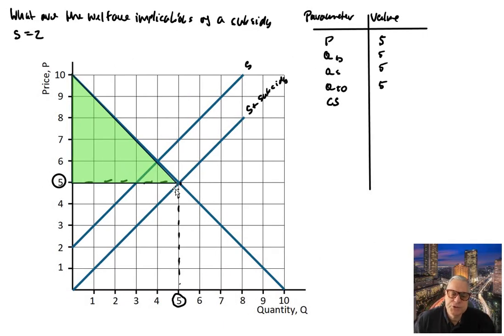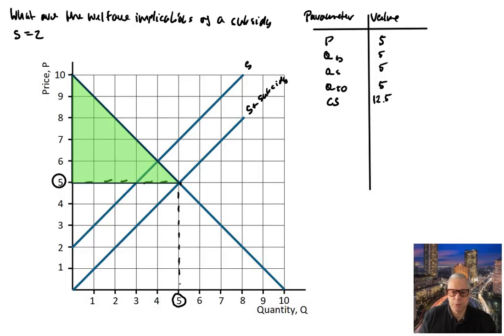And as you can see, that green area has an area of base times height over 2, so 1, 2, 3, 4, 5, that's the height, base 1, 2, 3, 4, 5, so 5 times 5 over 2, that's 12.5.